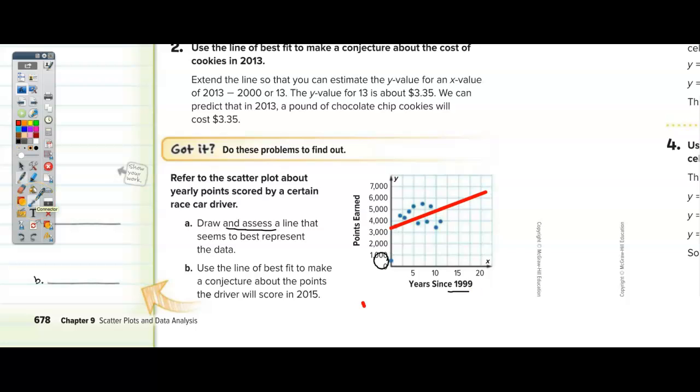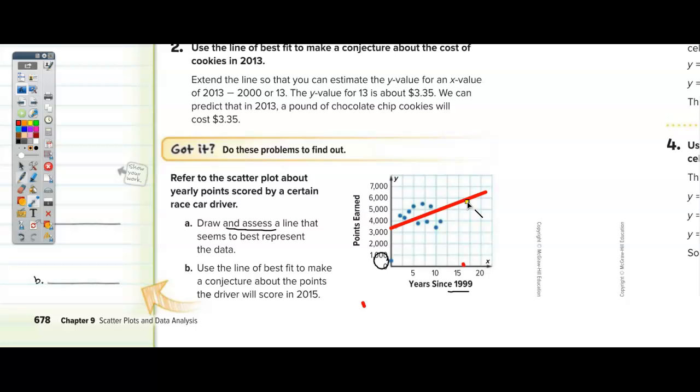So if I look at the x-axis where it's about 16, which would be about here, and I follow it up to my line to find my y, it's about there.